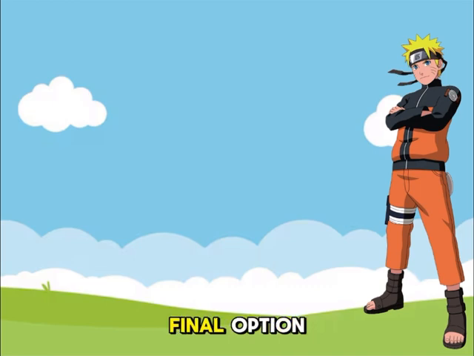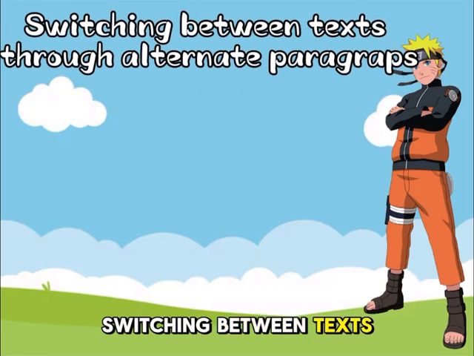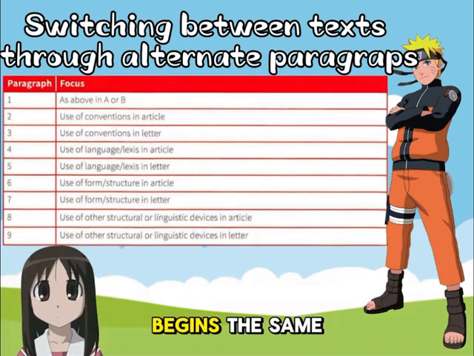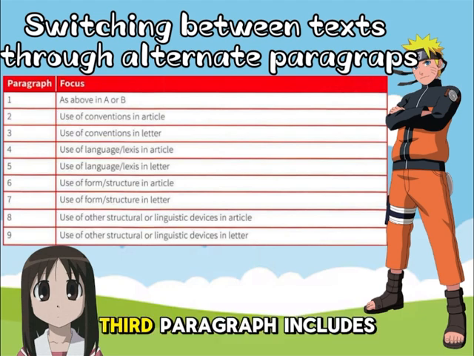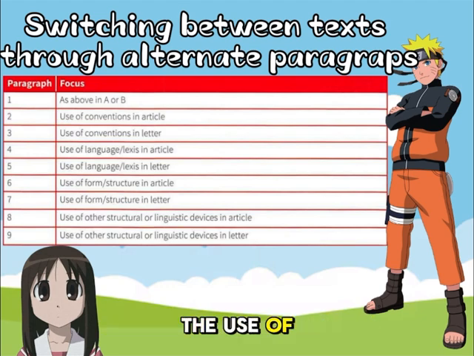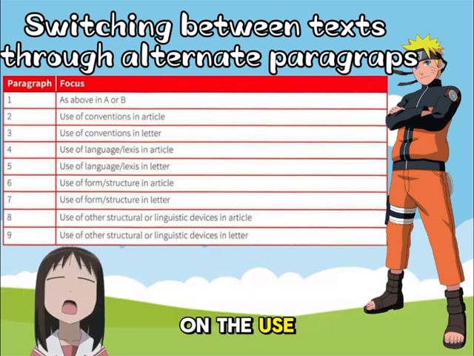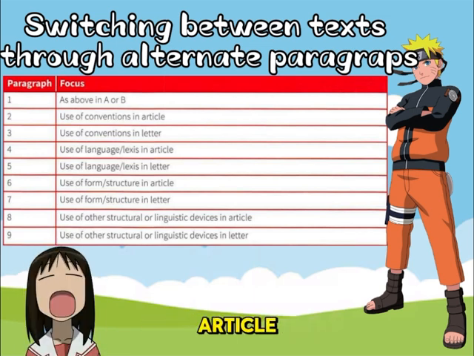Now, with our final option, switching between texts through alternate paragraphs. The first paragraph begins the same way as the previous 2 methods did. Then the second paragraph will be about the use of conventions in the article. Third paragraph includes the use of conventions in the letter. Fourth focus is on the use of language and lexis in the article.